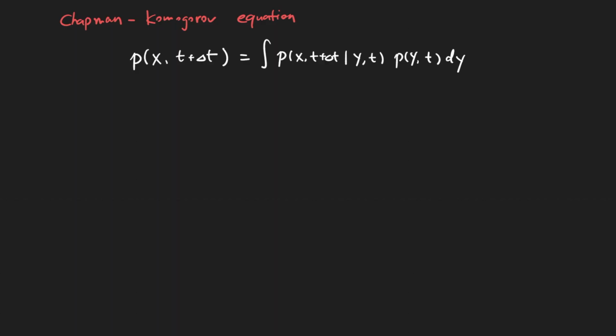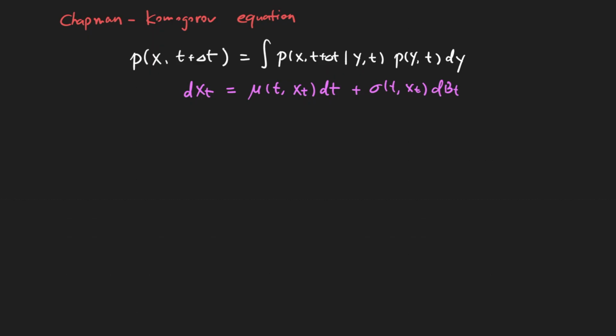And in this case, the stochastic process is given by an Ito process. The Chapman-Kolmogorov equation is very intuitive. We're just saying that the probability can be broken down into a transition probability.